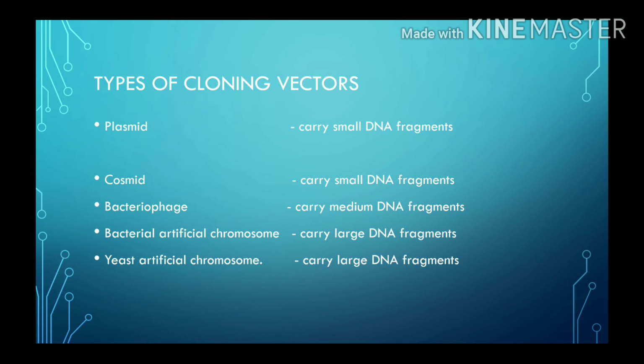It also carries small DNA fragments. Next, bacteriophage. It is a virus which is used in the transduction process to transfer genetic material from one bacteria to another bacteria. So it is used to carry medium DNA fragments. Bacterial artificial chromosome and yeast artificial chromosome are used to carry large DNA fragments.